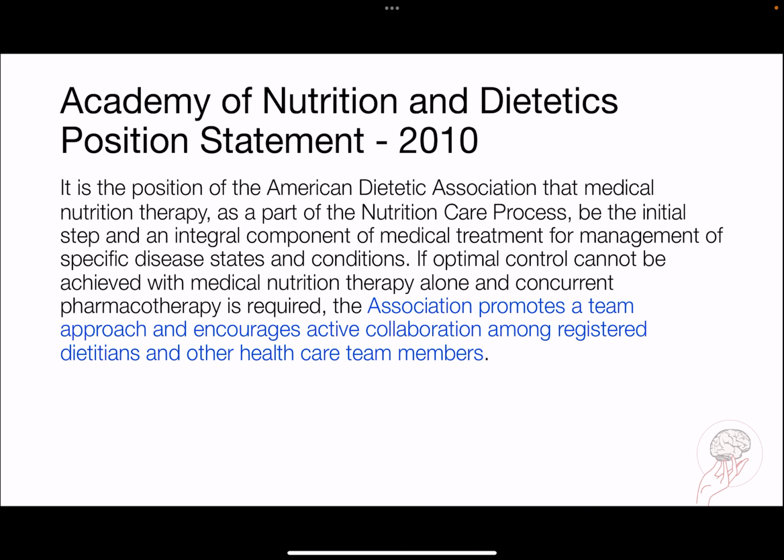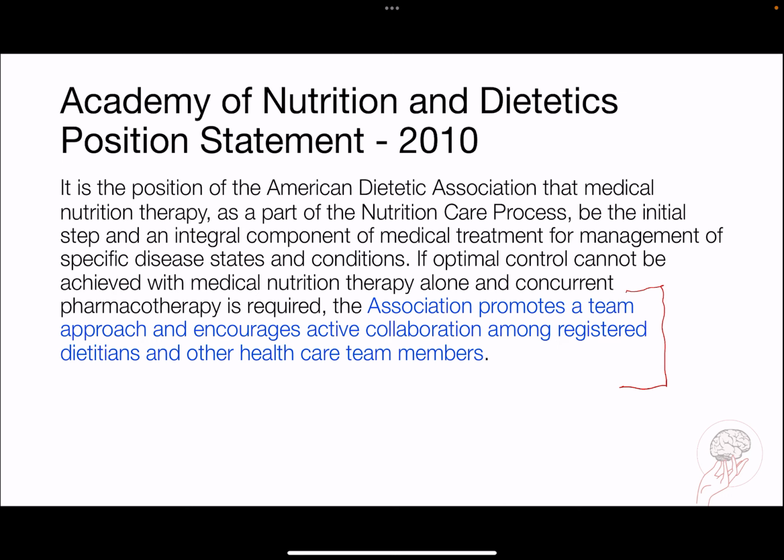And so this is the Academy of Nutrition and Dietetics position statement from 2010. And I'm not going to read all of this, but you can. But I want to highlight this part here. The association promotes a team approach and encourages active collaboration among registered dietitians and other health team members.